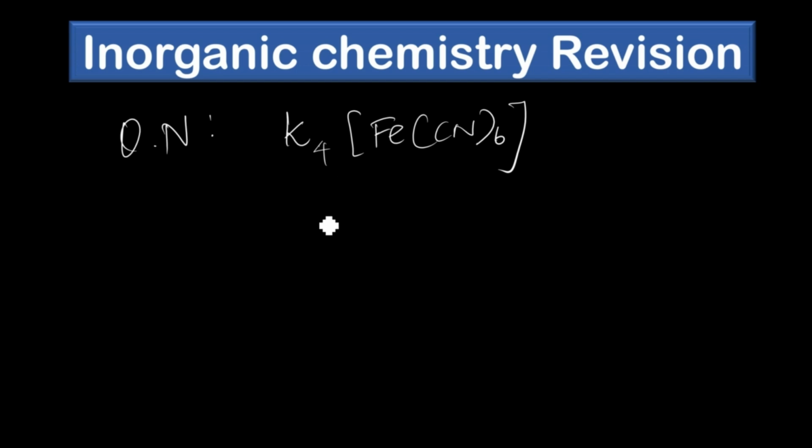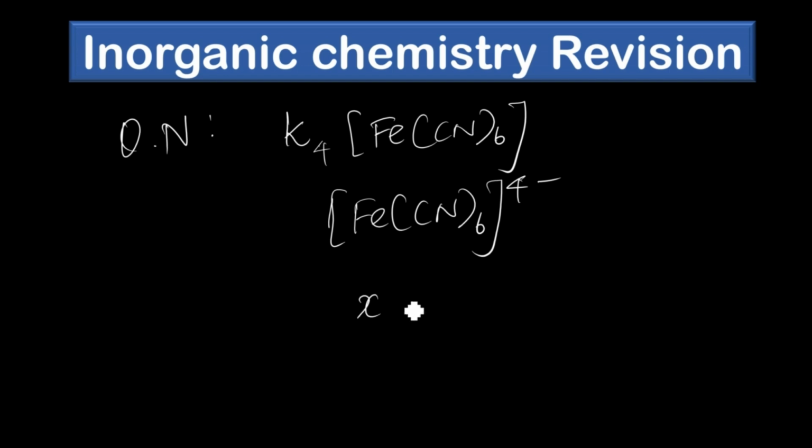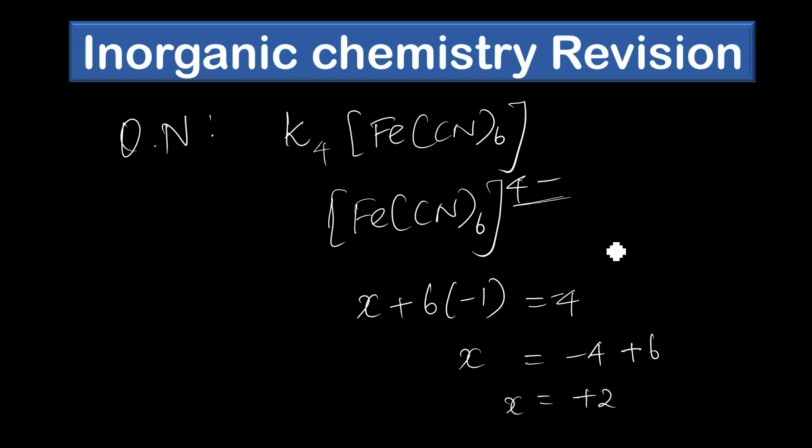Here potassium, of course, is a cation, so the remaining coordination compound becomes the anion. Let's find the oxidation number of iron, taking it as X. CN is a monodentate ligand, so 6 into -1 equals the overall charge, 4 minus. So it becomes -4 plus 6, so plus 2. This is the simplest method to find this type of ligand.